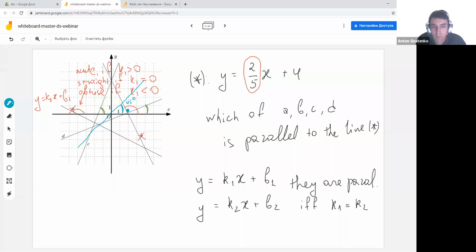We are searching for a line with a coefficient smaller than 1. Hence, the angle must be smaller than 45 degrees. The only line which satisfies this condition is line D. Okay. So our answer here is D.